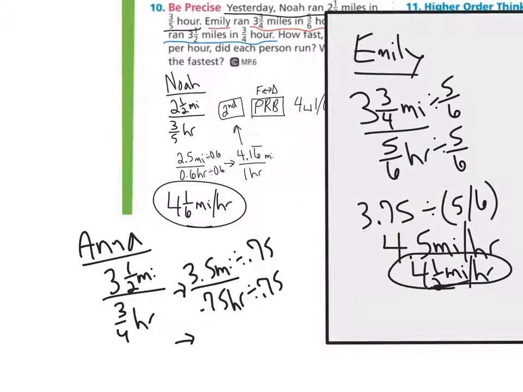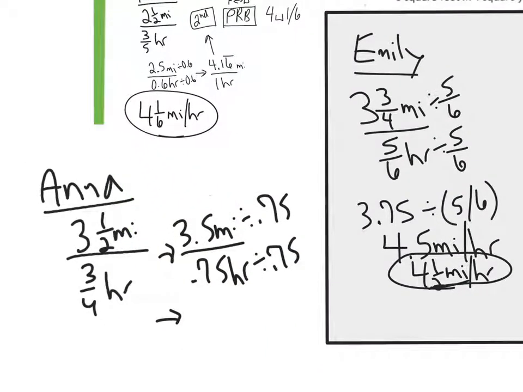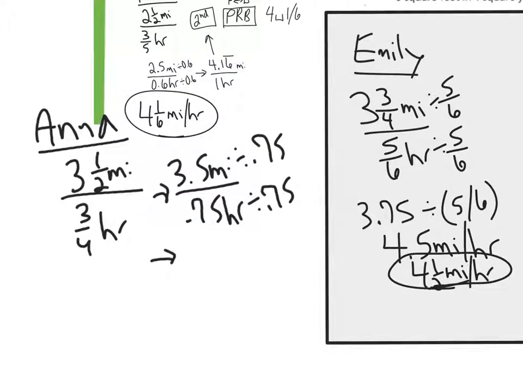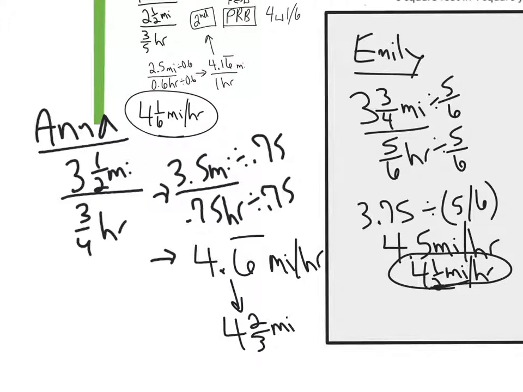So we divide 3.5 by 0.75 on a calculator, and we will get 4.6 repeating, with a 7 at the end, but that's rounded off. We could change that over to a mixed number using the steps we just talked about: second, and then the PRB button changes between the fraction and decimal. So that would be 4 2/3 miles per hour. 0.6 repeating is pretty common, so you guys might get used to that one.